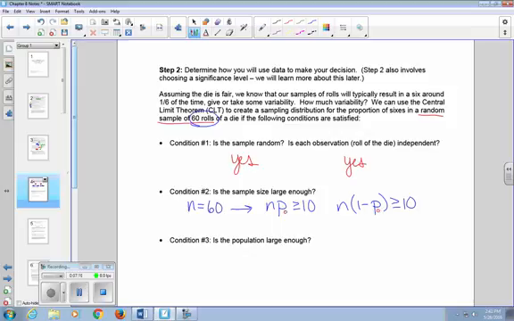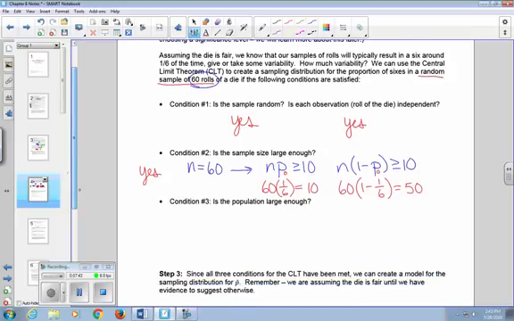And remember, we're assuming this is true until we get evidence to suggest otherwise. So we're doing the sample size times our hypothesized value. Right? So we're going to do 60 times 1/6. We get 10. We've got to do 60 times 1 minus 1/6, which is 50. So we can say yes, the second condition has been met. And that's why our sample size is large enough.